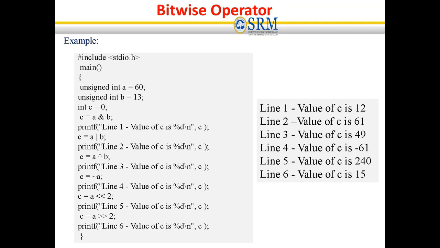Similarly, the bitwise XOR in C takes two numbers as operands and does XOR on every bit of the two numbers. The result of XOR is 1 if the two bits are different. And the left shift takes two numbers, left shifts the bits of the first operand, and the second operand decides the number of places to shift.